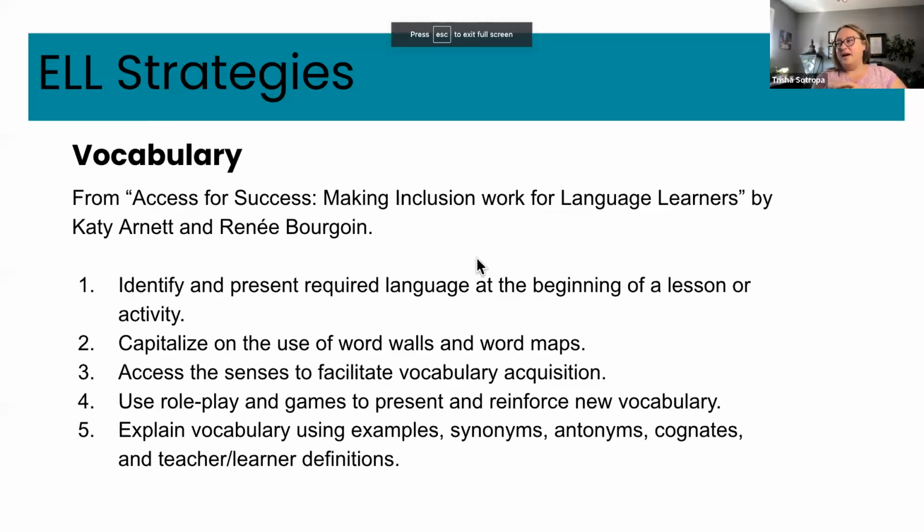All right. In other sessions, I've had people ask about English language learners, and whether you have English language learners or not, the vocabulary strategies that Katie Arnett suggests are valuable for all learners.